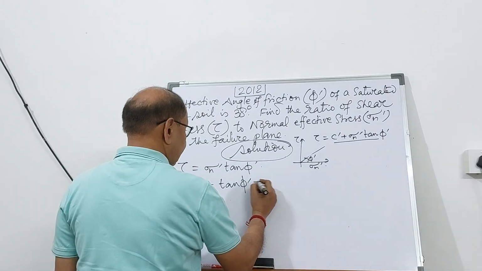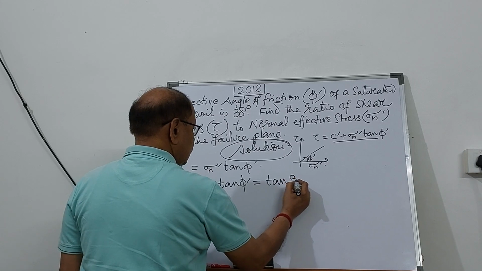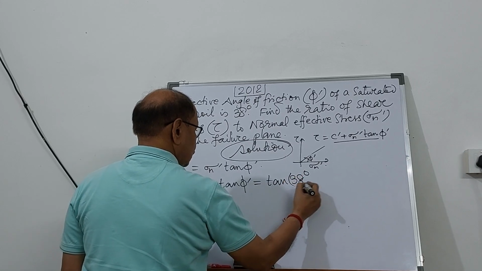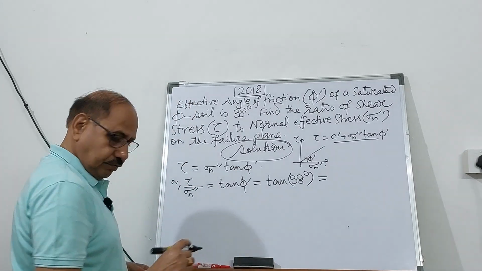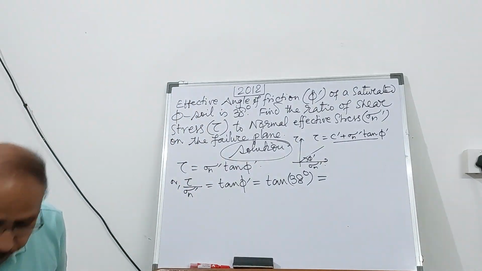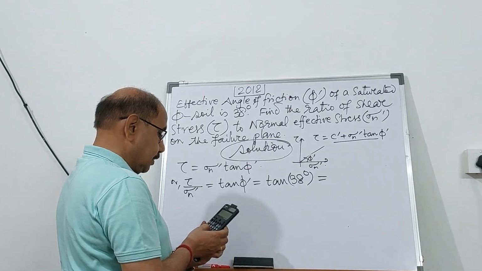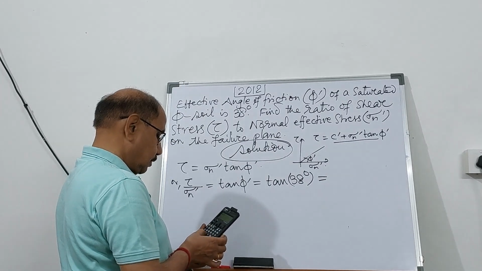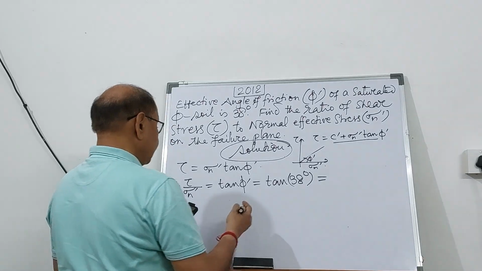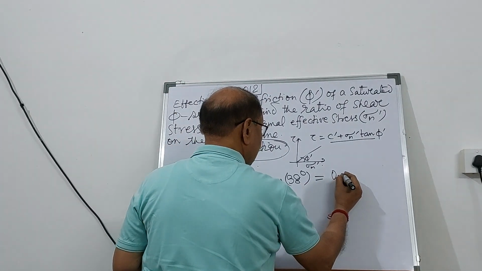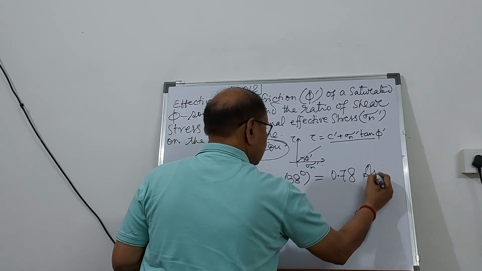So the phi prime value, if I take my calculator, it is easy to calculate, 0.78. That is the answer.